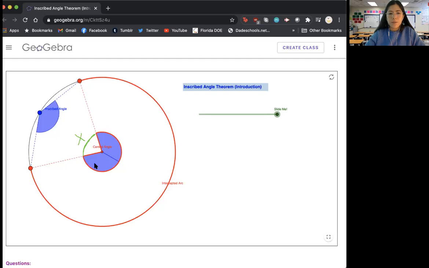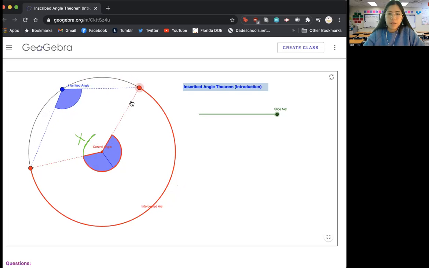If I know that this is 2 times the inscribed angle, how would I get that missing amount? No, we're not going to divide by 2. And the reason we're not going to divide by 2 is because it's not always going to be half.